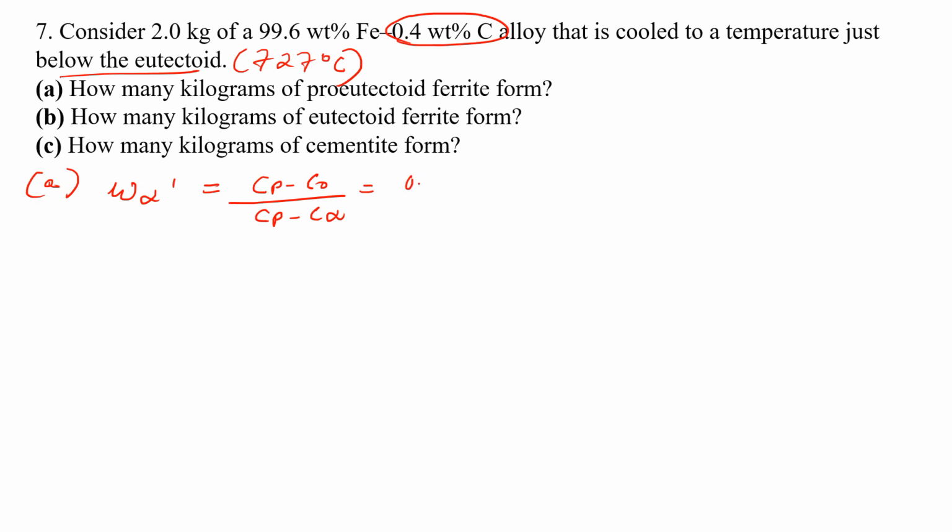Cp is 0.76 minus C naught, which has been given as 0.4, divided by 0.76 minus 0.022.